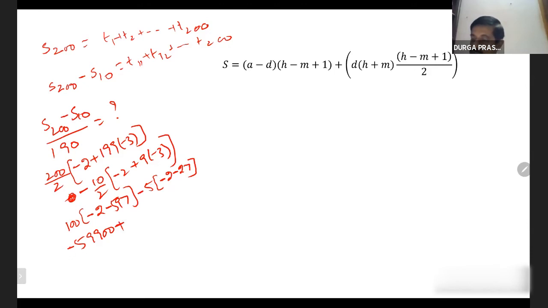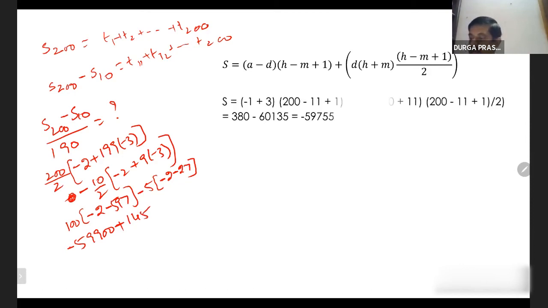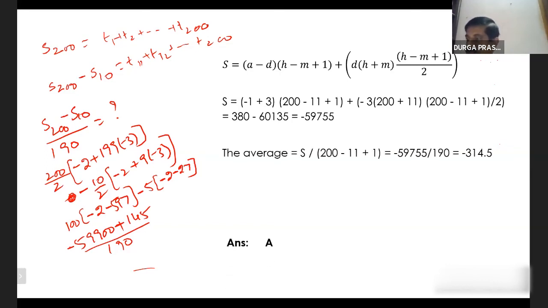Minus into minus is plus, 29 into 5, which is 145. This value divided by 190 is equal to minus 314.5, which is option A.